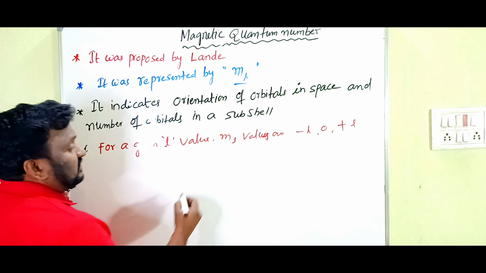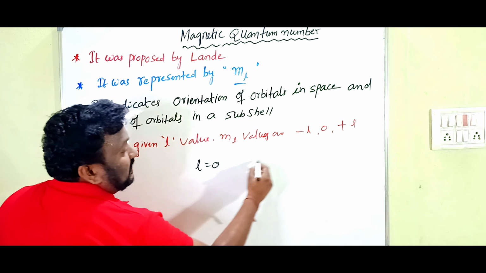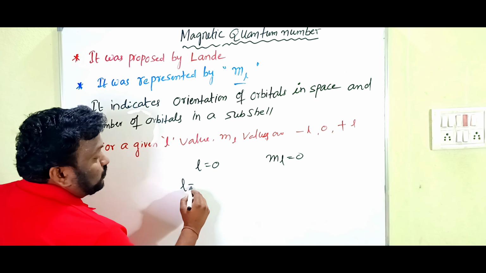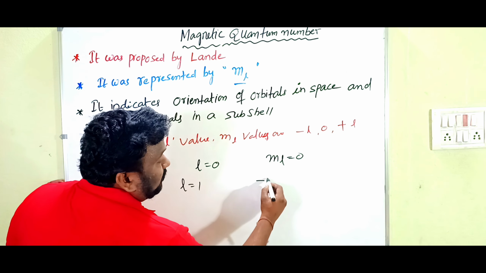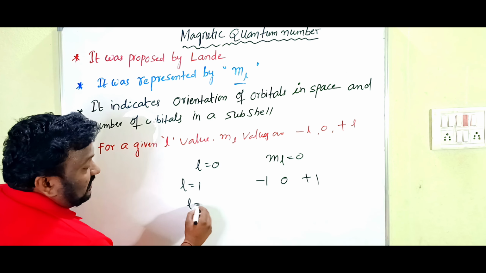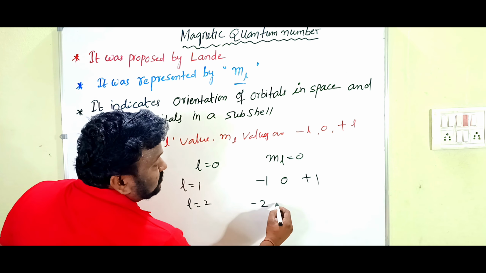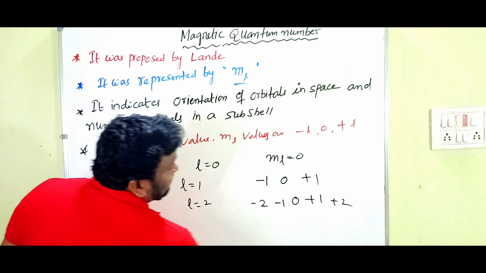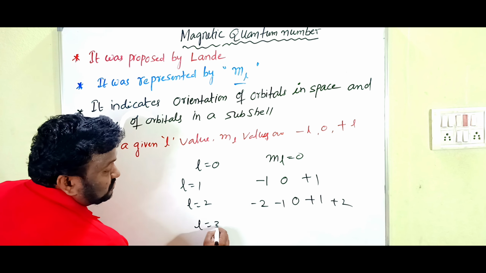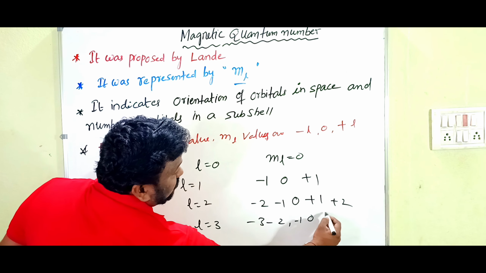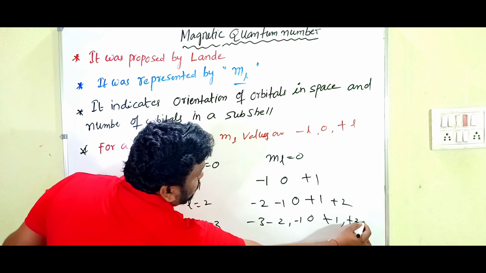For example children, if l is 0, m_l is also 0. If l equals 1, then m_l values are minus 1, 0, plus 1. When l equals 2, minus 2, minus 1, 0, plus 1, plus 2. If l equals 3, minus 3, minus 2, minus 1, 0, plus 1, plus 2 and plus 3.